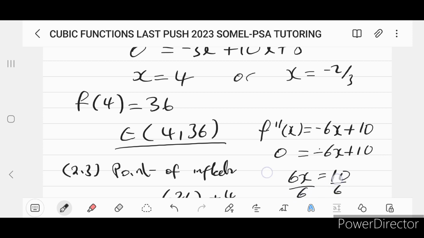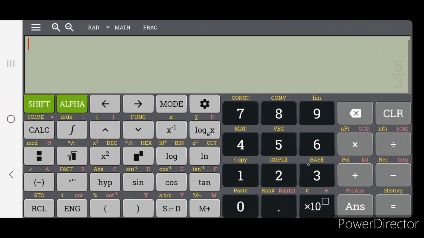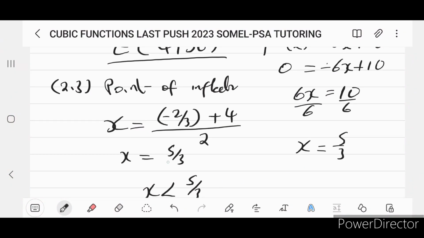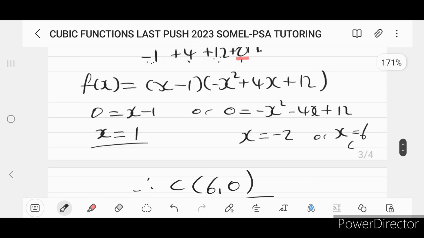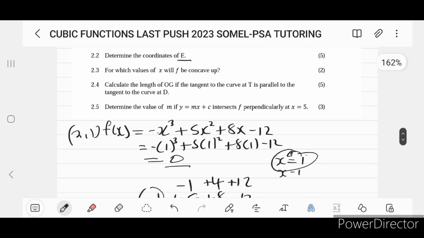Divide by 6 on both sides. So x equals 5 over 3 if you simplify further, because 10 over 6 is 5 over 3. So it's the same as that. Because you found the point of inflection, you must just check where it is up and down. If it was down, we would say on the greater side, but this one is the lesser side, it's up.